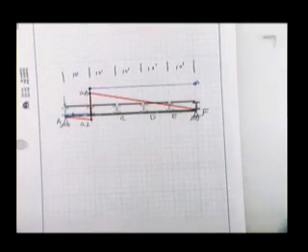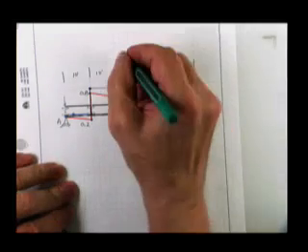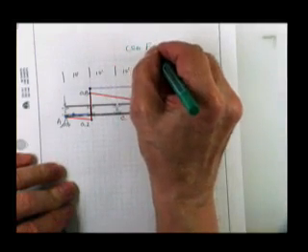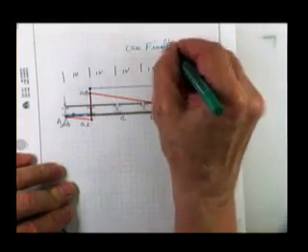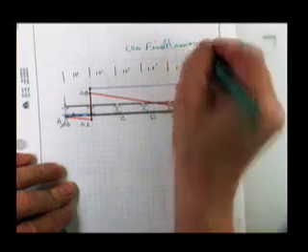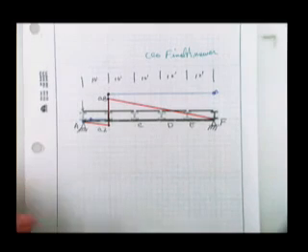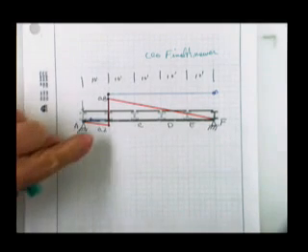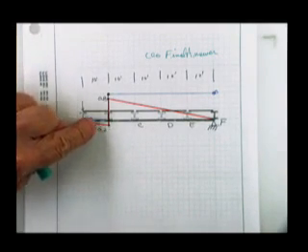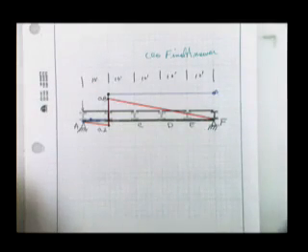And therefore, rather than submitting the red line to you as the final answer, I instead am going to tell you that the final answer is where these little beams went.